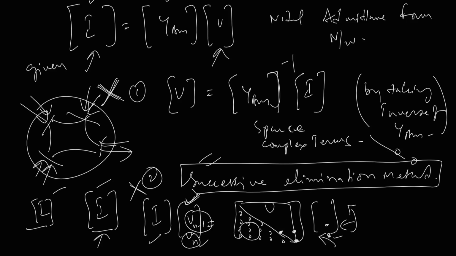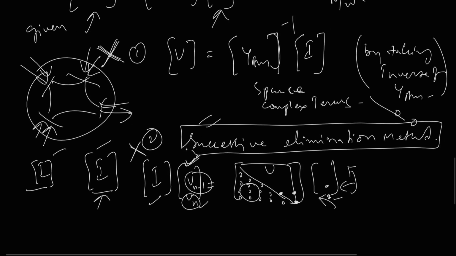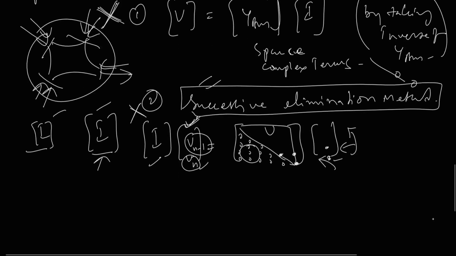The requirement to conduct load flow studies repeatedly, so many times for a given interval, is not achieved by this successive elimination method, because you have to conduct this elimination for each injection, right?